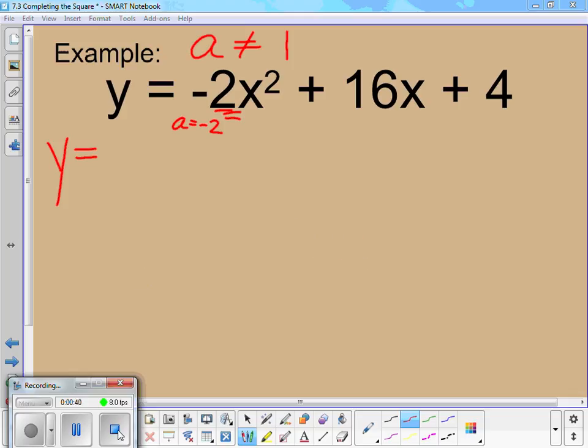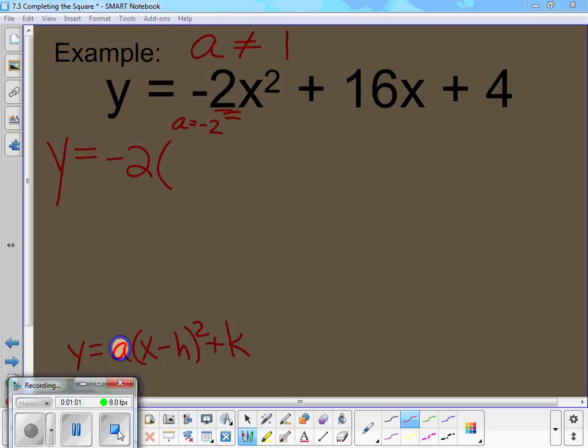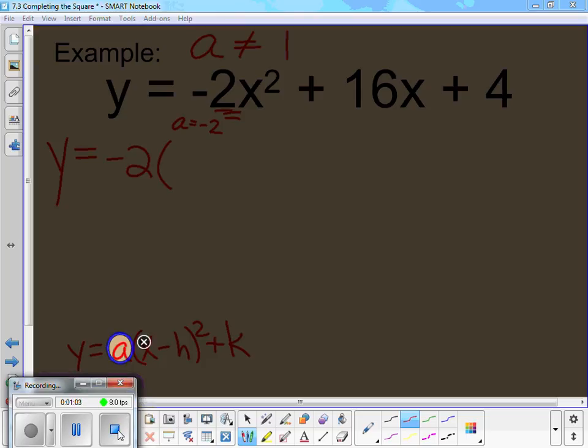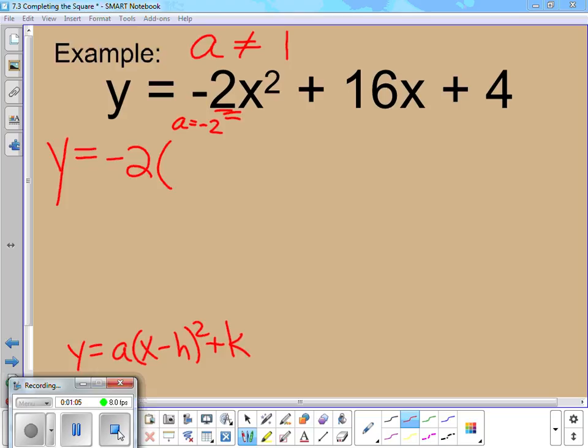So what you want to do is take -2, put it out front, because that's going to end up as the a in vertex form. I'm going to make it so it does not disappear this time. That -2 will end up being this little a right there. So right at the beginning, we're going to take the -2 and put it out front.